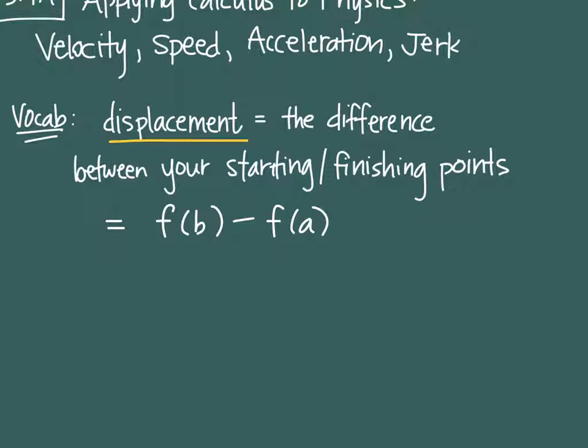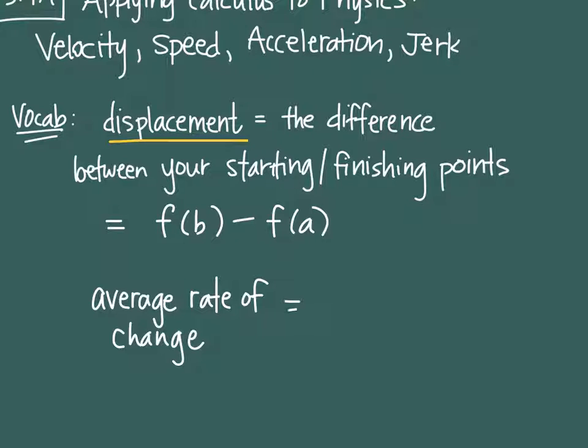Second thing, average rate of change. To have an average rate of change, it's going to take all of the speeds and velocities over the course of the amount of time you've gone and divide it by how long you've been out there.